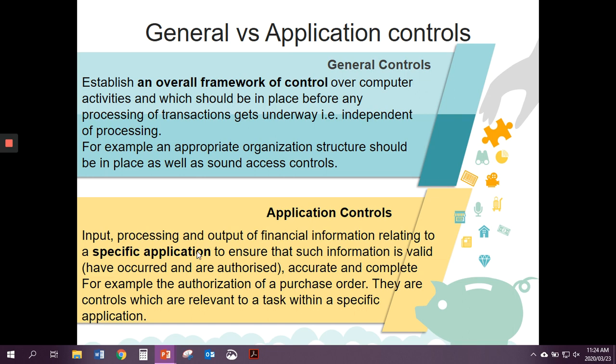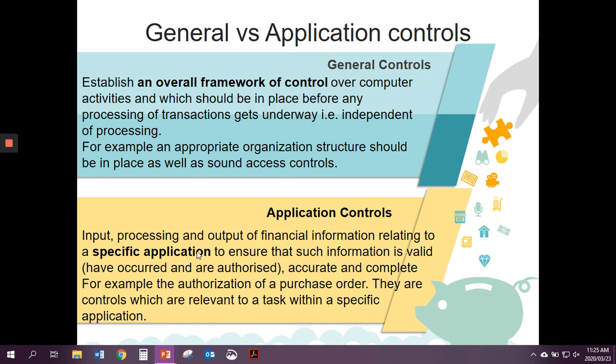When I talk about applications, I'm talking about, for example, the software used to prepare financial statements. Who has access to that software? Who is able to come into that software? So application controls deal with specific applications. General controls deal very high level with the control environment, with access to computers and software, access to hardware and software.